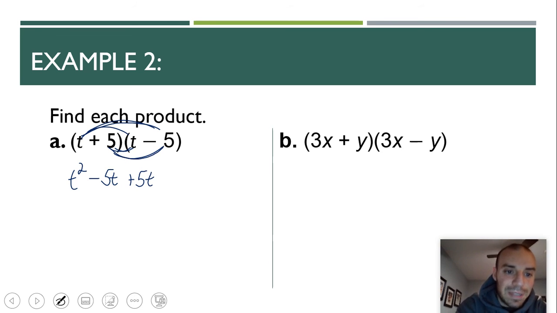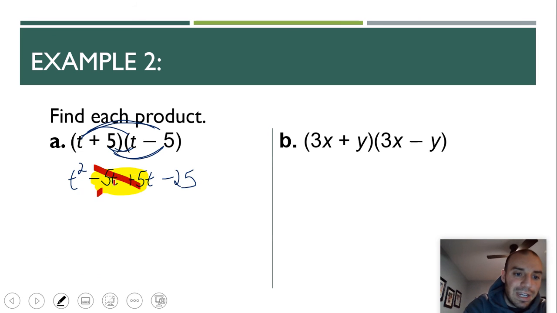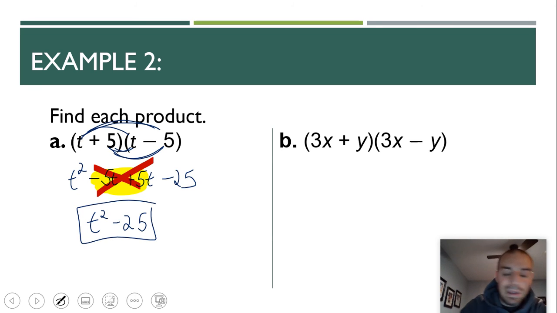And then 5 times -5 is -25. So notice on these particular problems, your middle terms are going to cancel out. That -5t plus that positive 5t are just going to cancel out. What are we going to be left with here? We're just going to be left with t squared minus 25 as our answer.